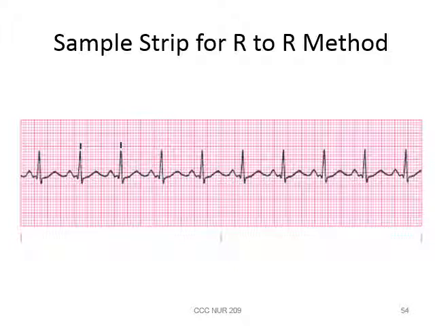So we divide 300 divided by 3 equals 100.